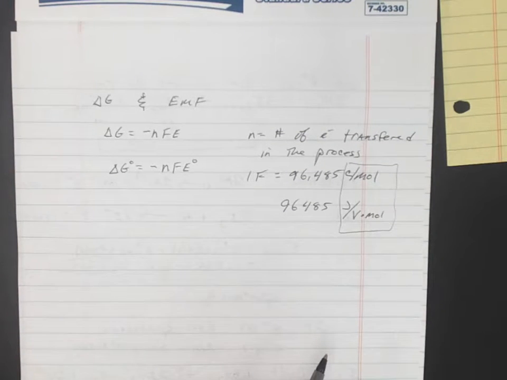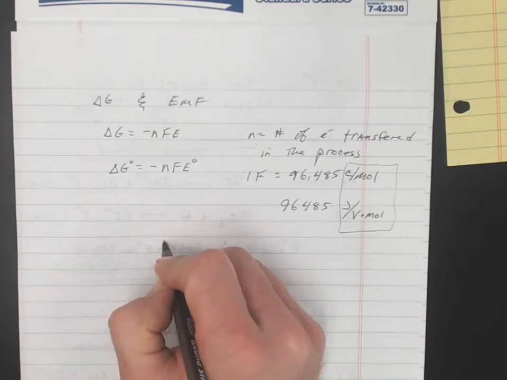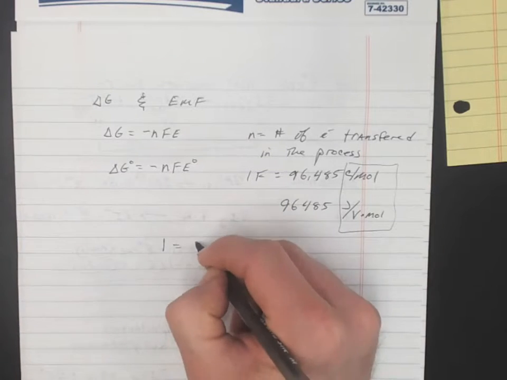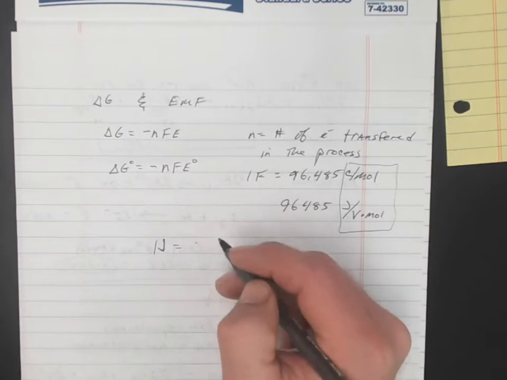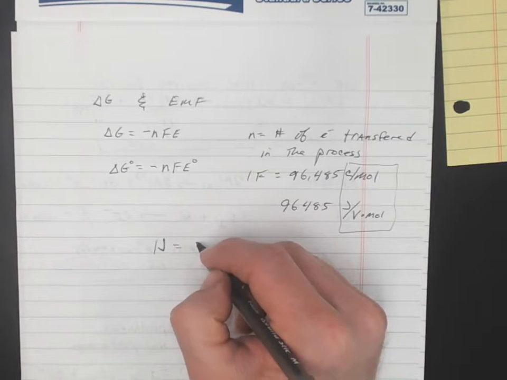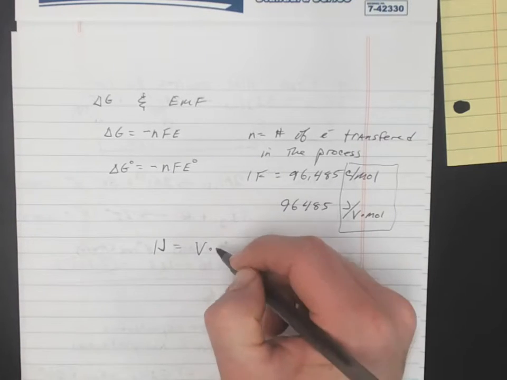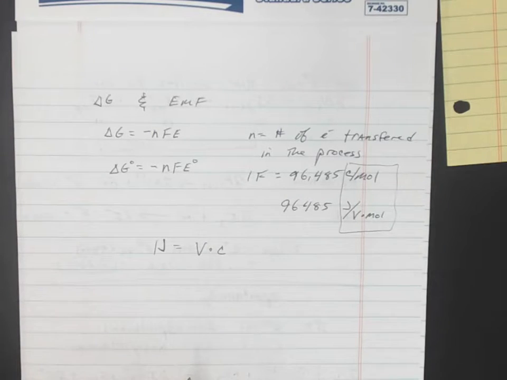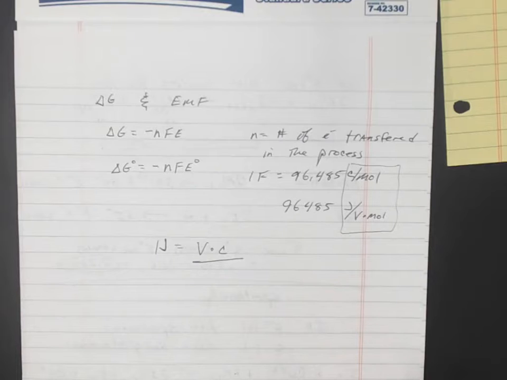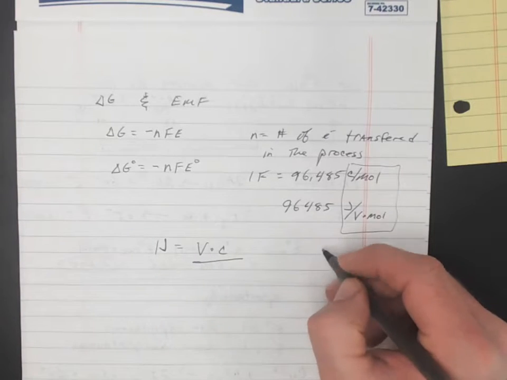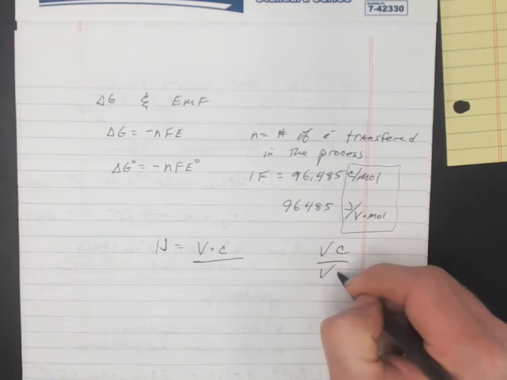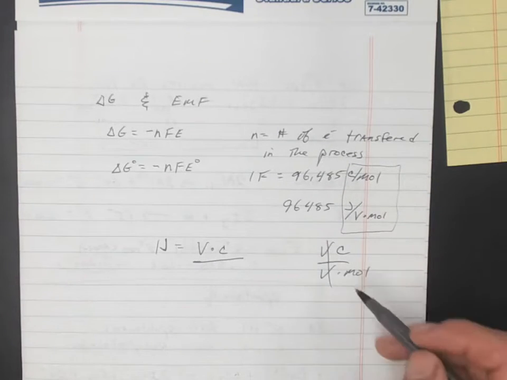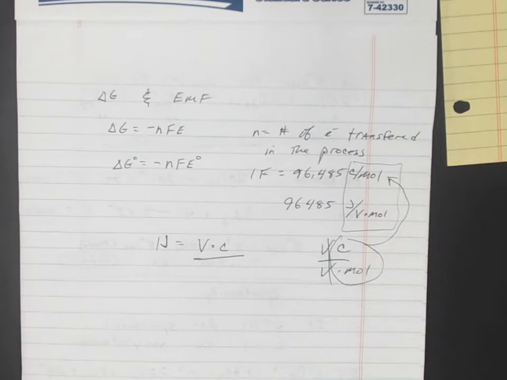How are they equivalent? I don't know. Let's see. 1 joule is equal to a volt times coulomb. So if we put volt per coulomb now. So volt per coulomb over volt per mole. Volts cancel, and we're back to coulombs per mole. So it does work.